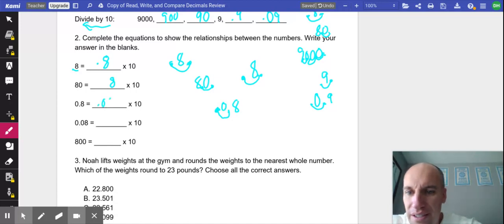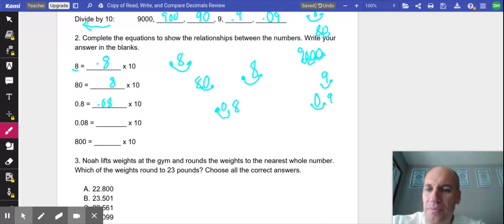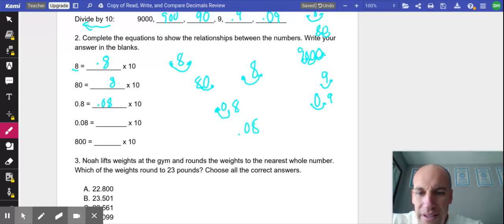8/100ths times 10 would be 8/10. Next, we start out with 8/100ths. That is the answer. So to get it, inverse operation, annex a 0, 8/1000ths.